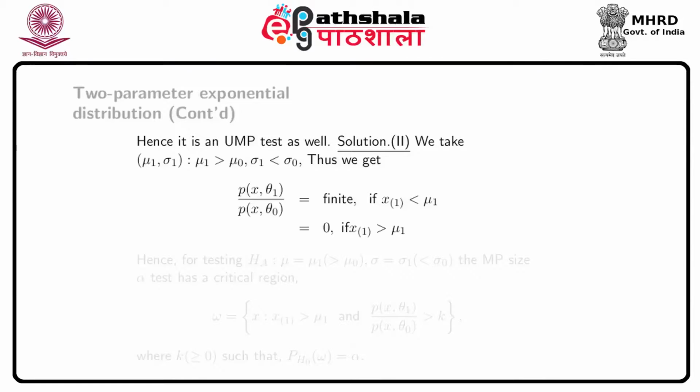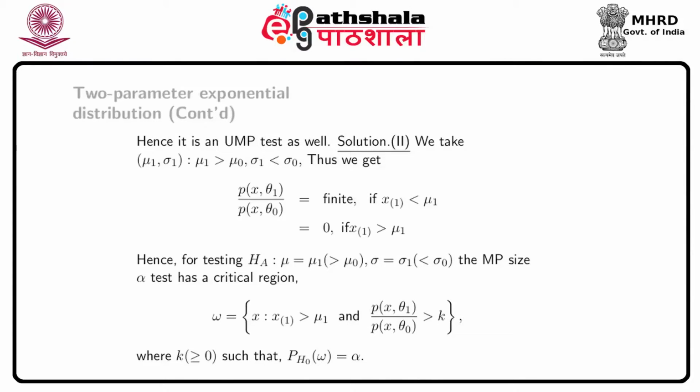Next, consider the solution of problem 2. We take mu 1, sigma 1 to be such that mu 1 is greater than mu naught and sigma 1 is less than sigma naught. Thus, we get p_x(theta 1) divided by p_x(theta naught) is finite whenever x order statistics is greater than mu 1 and 0 if x order statistics is less than mu 1.